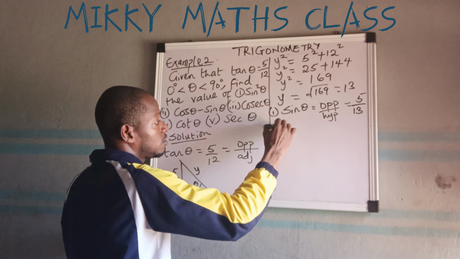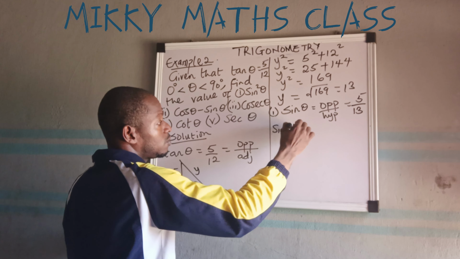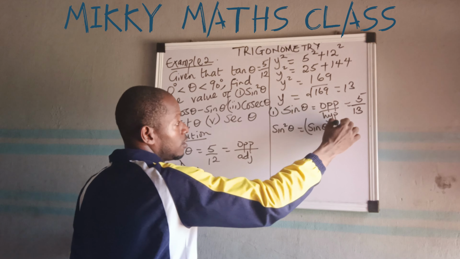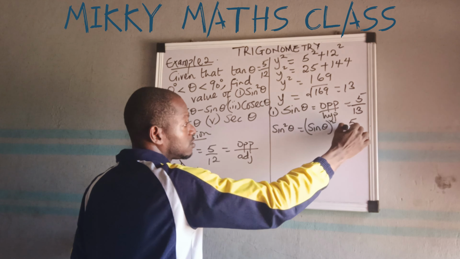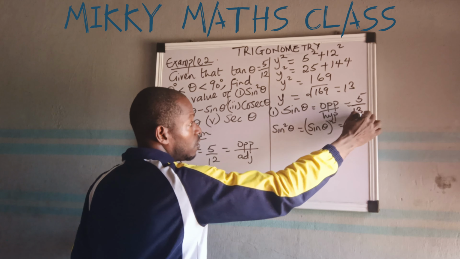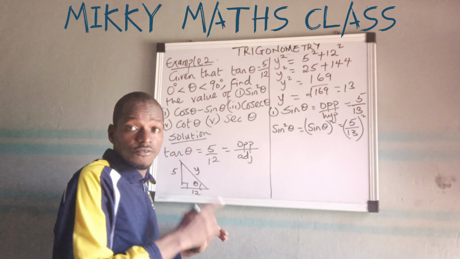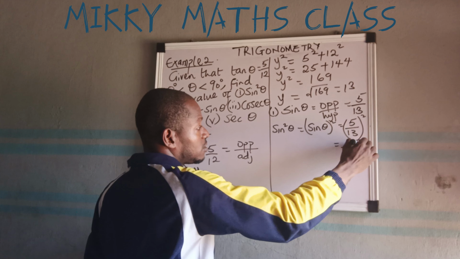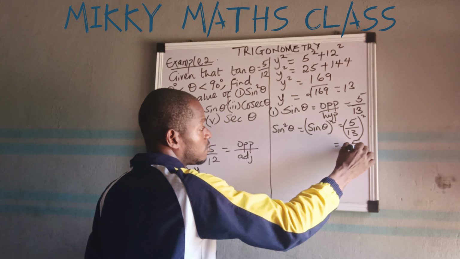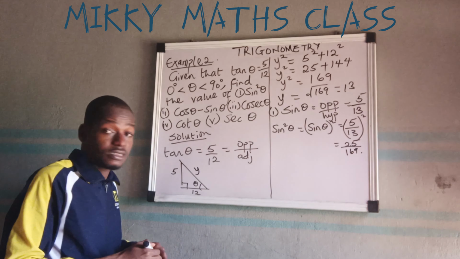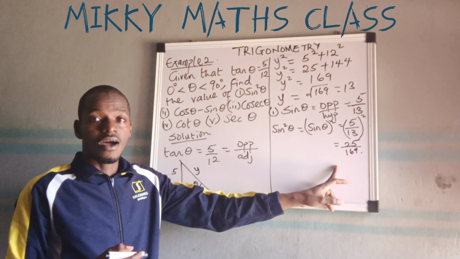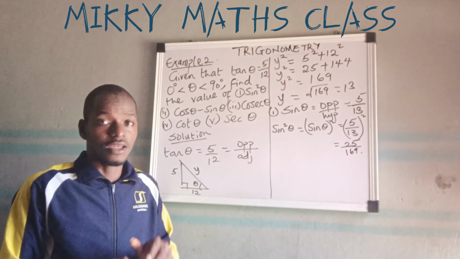Therefore, our sine squared theta, which is the same thing as sine theta all square, is equals to 5 over 13 all square. 5 square is what? 25. And our 13 square is 169. So sine squared theta is the same thing as 25 over 169.